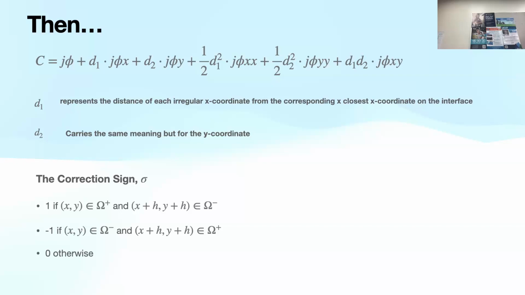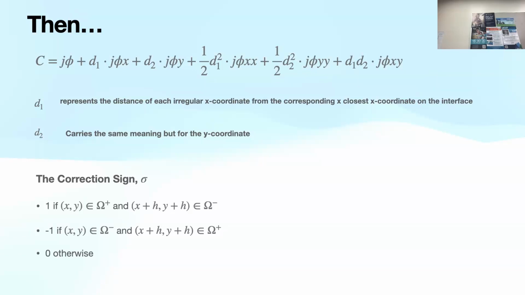Sorry, I'm going to use minus, plus, minus, plus, and a plus. So U_{i+1}, if this is U plus, this is U minus.